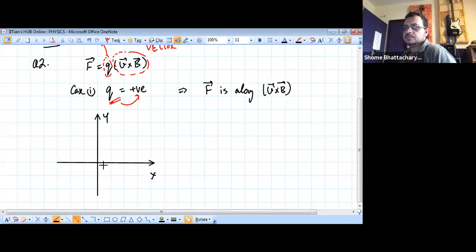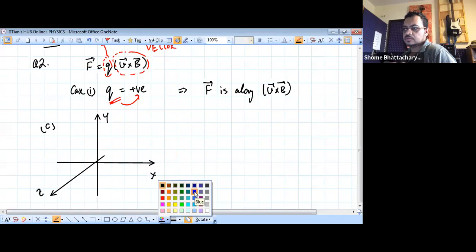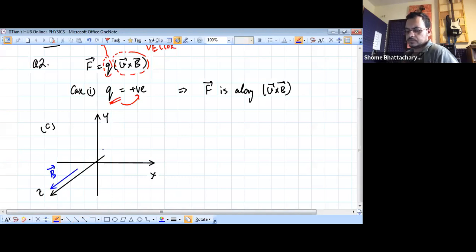And suppose this is the z-axis. Now, in case C, for example, in part C, or part 3, whatever, it is shown to you that your B vector is along the z-axis. And your velocity vector is along the x-axis. Sorry, along the negative y-axis. The velocity vector is like this.